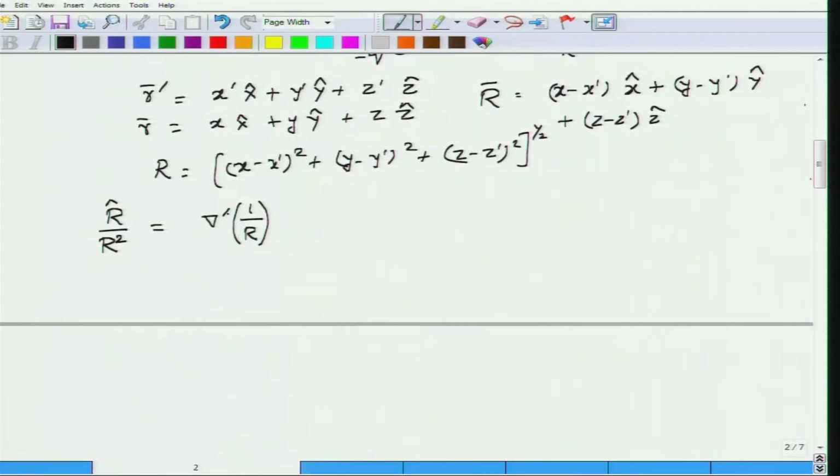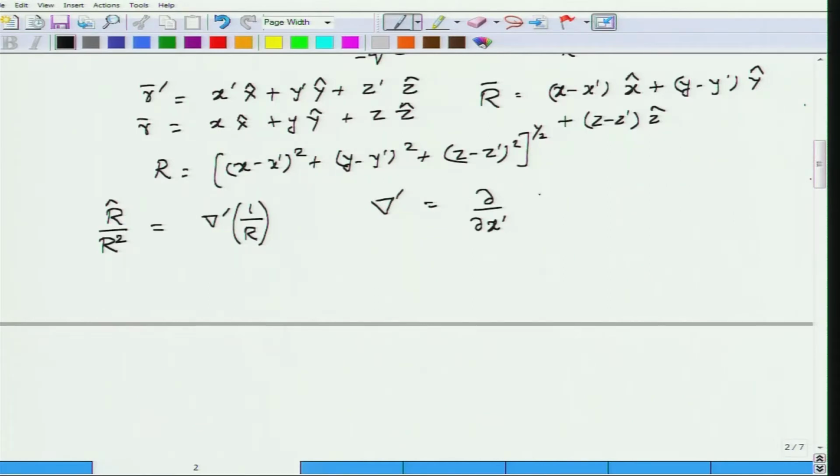However, what is this prime on the gradient operator? We have not talked about a prime on the gradient operator. It just turns out that this prime simply indicates that you have to differentiate with respect to the primed coordinates, that is x prime, y prime, z prime, rather than the unprimed field coordinates, which are x, y and z.